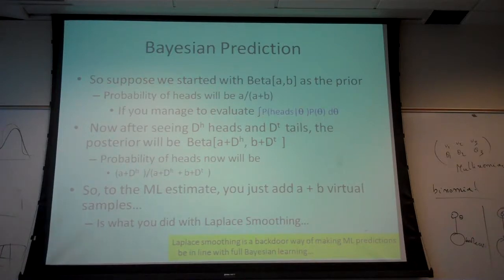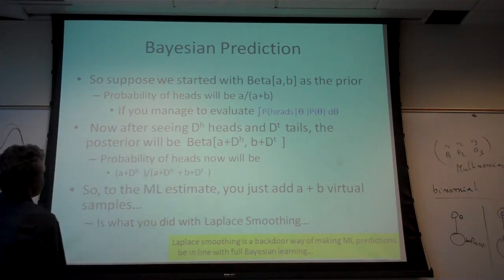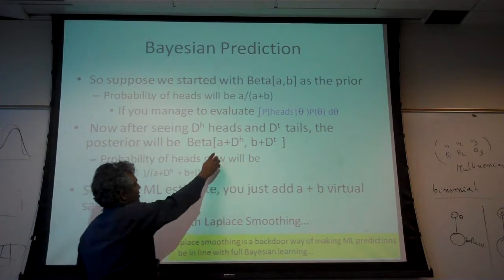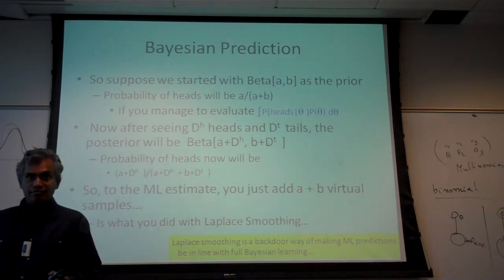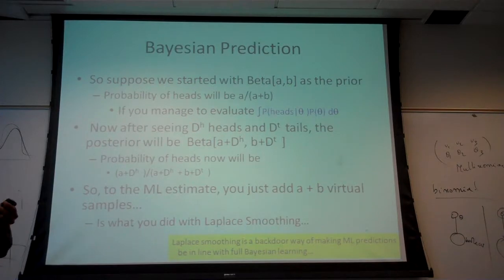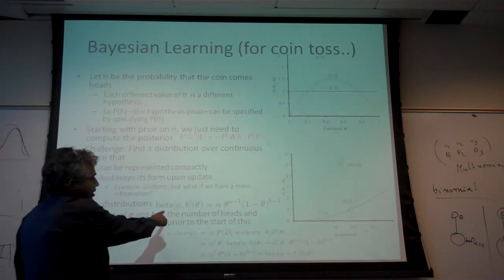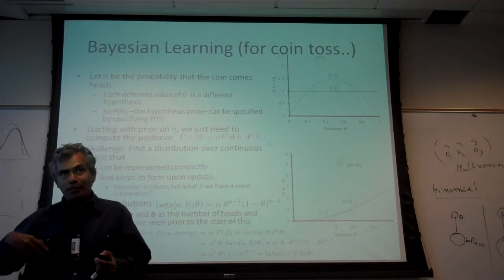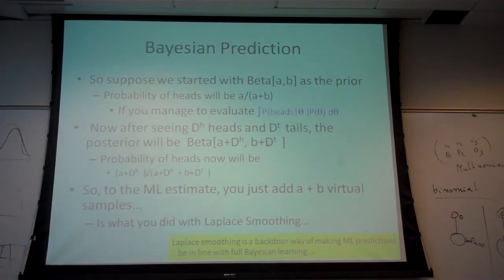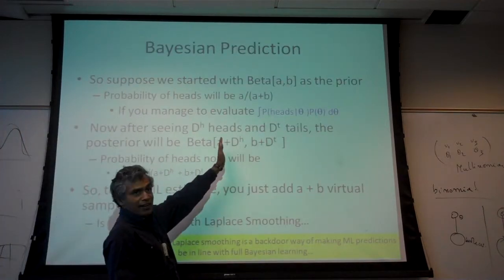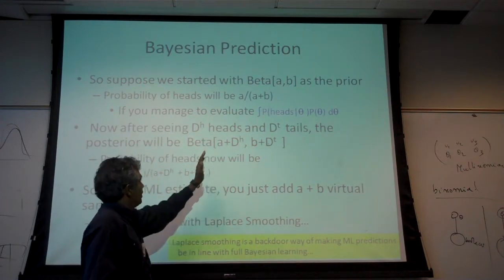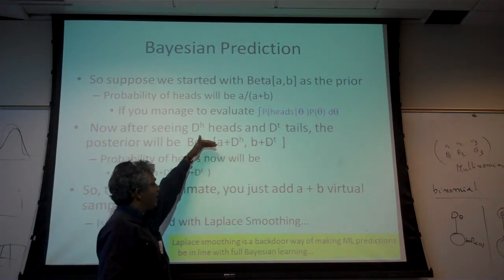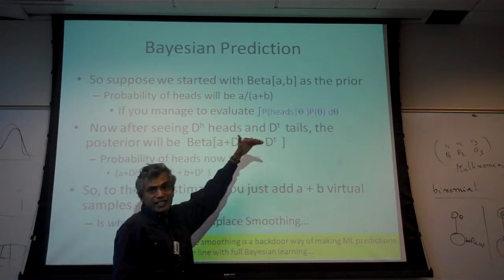Now, after seeing DH heads and DT tails, the posterior will now be beta with A plus DH and B plus DT. It's easy for us to say that because we figured out that's exactly how the prior to posterior is changing. Any beta with this kind of posterior will have a mean of A plus DH by A plus DH plus B plus DT.